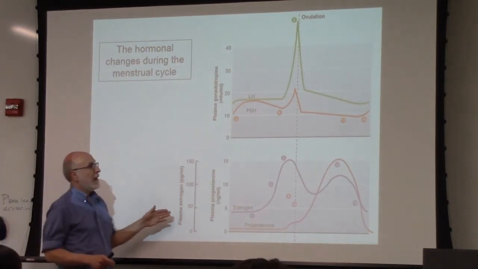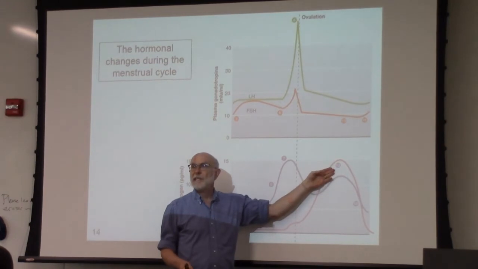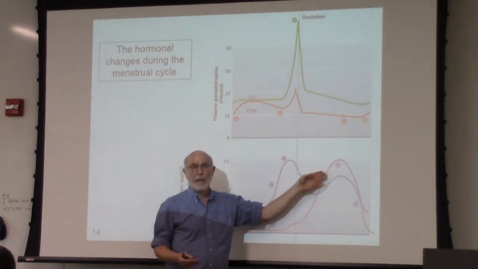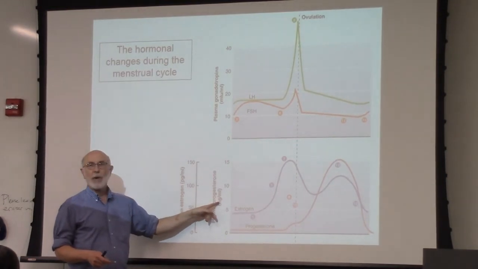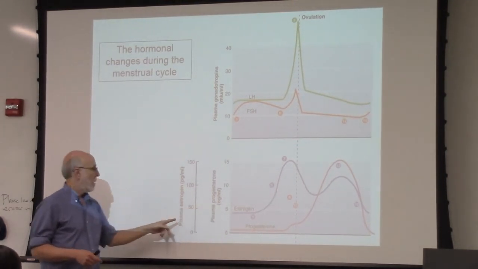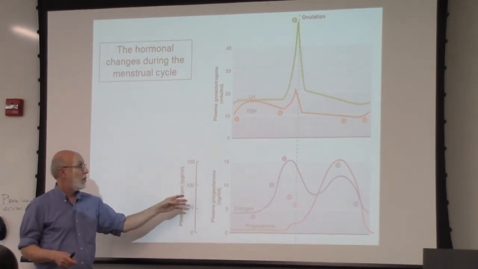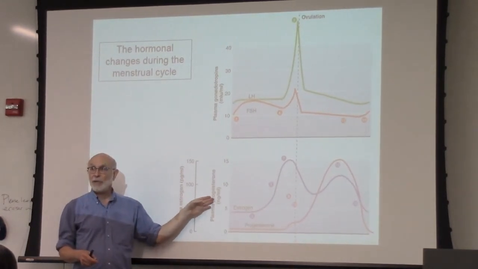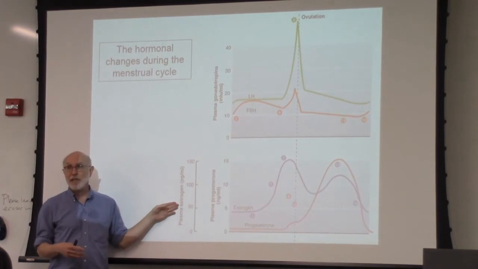Let's just look at this. It looks like estrogen and progesterone are at about the same levels. Well, let's look at the scale here. Progesterone, nanograms per mil. Estrogen, picograms per mil. So the progesterone scale is 1,000 times higher than the estrogen scale.